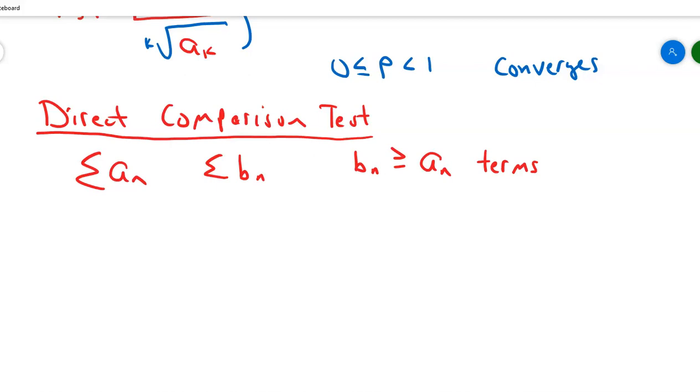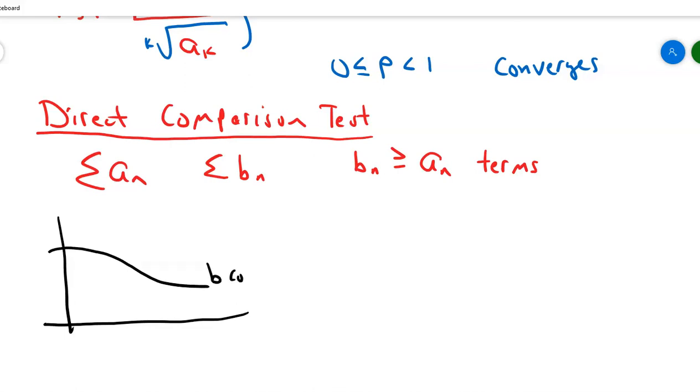I'll come back to the definition in a second, but suppose I've got 2 functions, and I'm going to use a's and b's. I've got this bigger function b that converges.